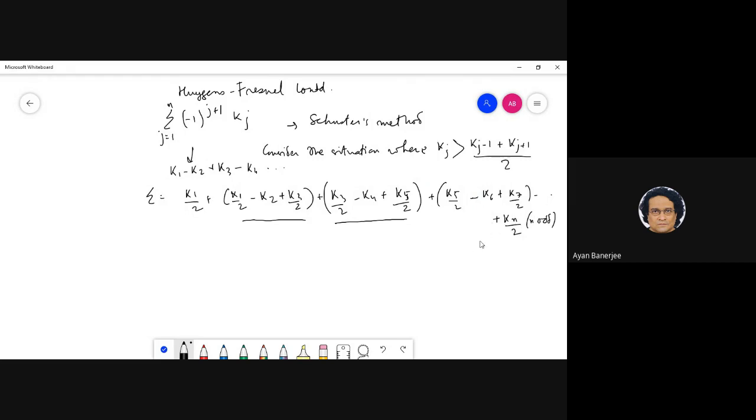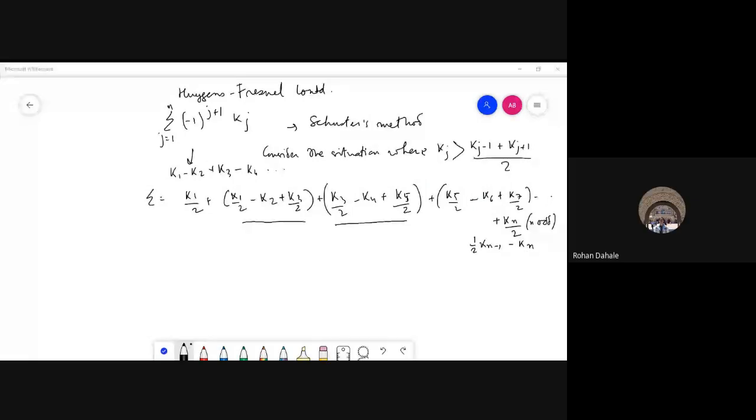And for n even, I will basically have half of kn minus 1, minus kn. Can you check that out? Yeah, that would be it. That is right, correct?